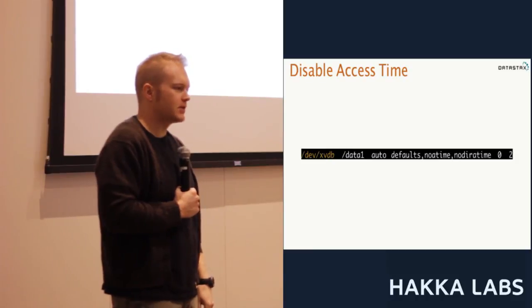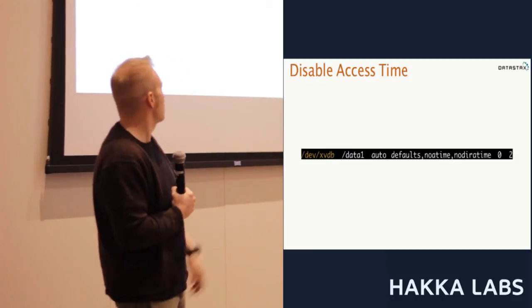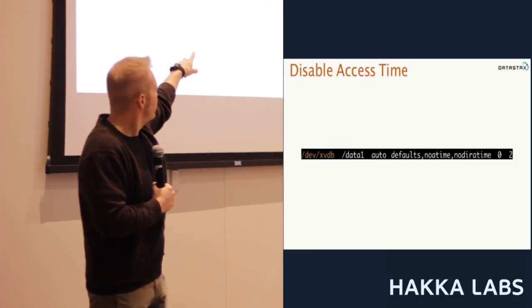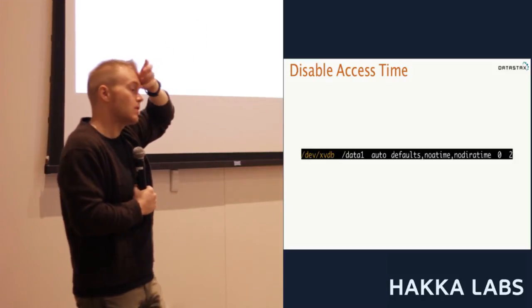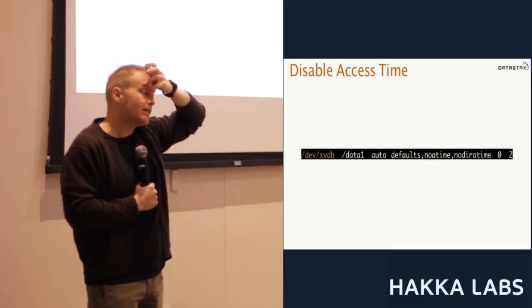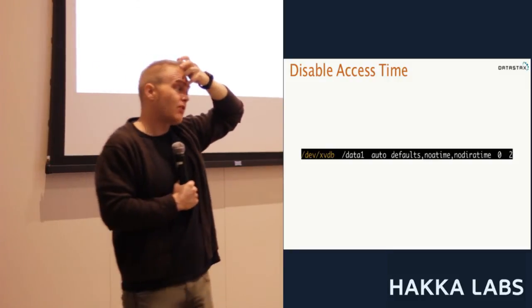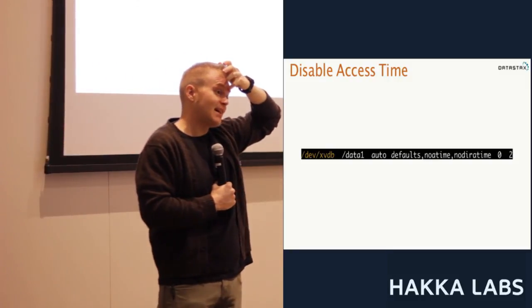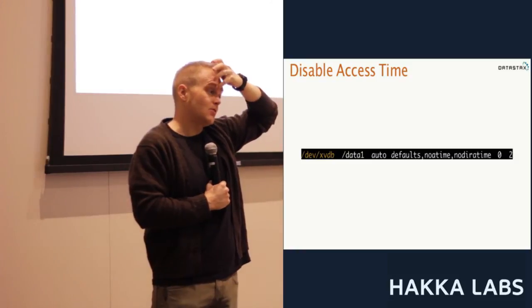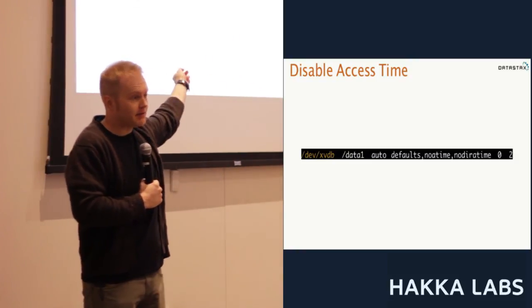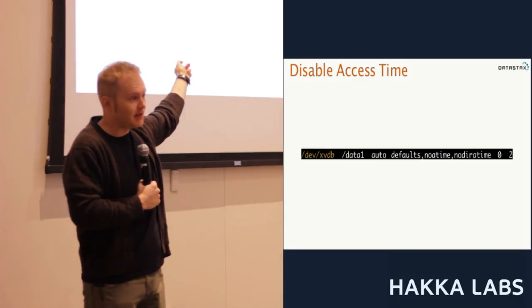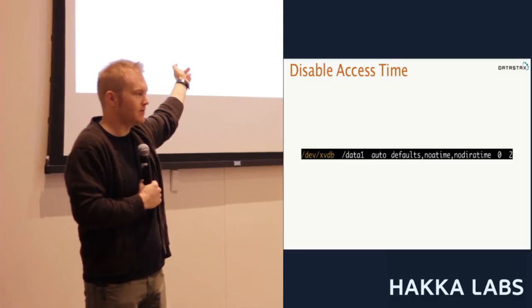One of the first things you can do to do less work is turn off noatime and diratime. The operating system and the file system are keeping track of the last access times for files. So if you're reading from these files a lot, it's going to be updating the access time in the file system. Why do you need that? You don't. Turn it off.